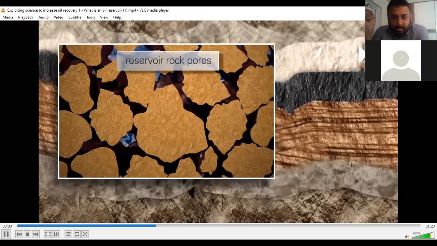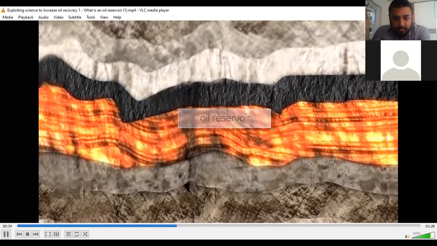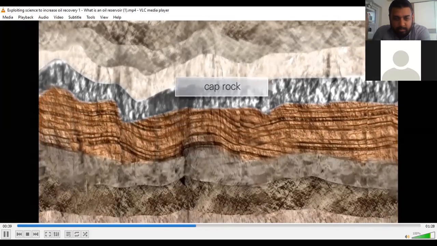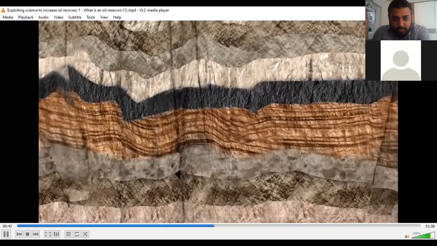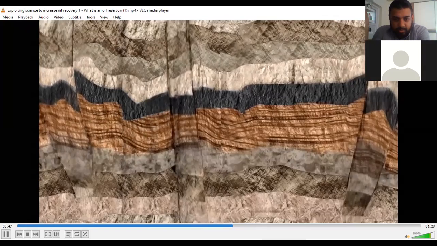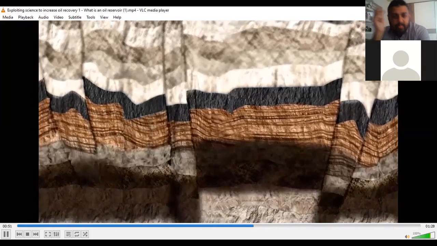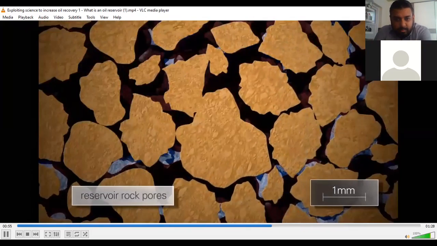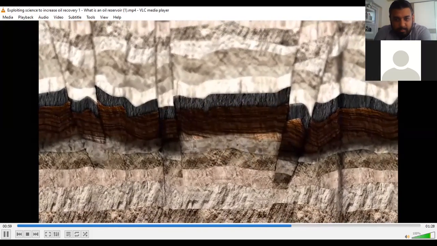To allow oil and water to flow through it. But in order for a reservoir to form, the porous rock needs to be capped by a layer of impermeable rock. Then, over millions of years, the rock tends to deform to create a trap. That way, conventional oil and gas, which are less dense than water, are able to naturally percolate upwards through the porous rock until they are blocked by the cap rock.